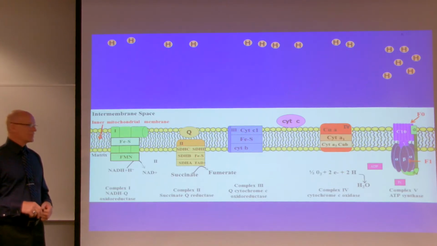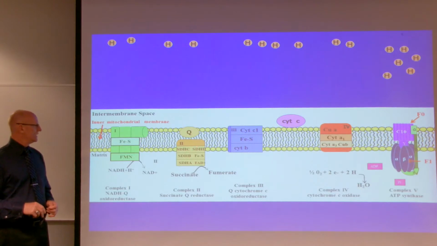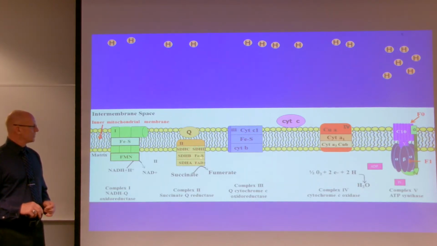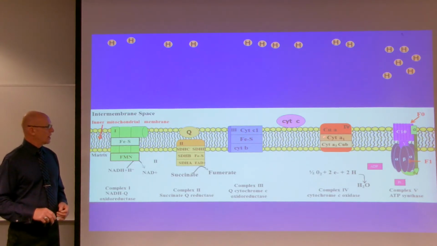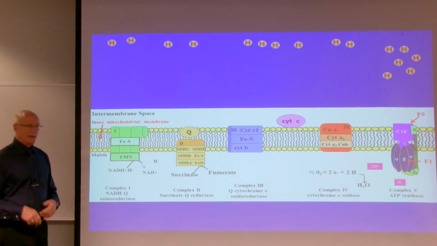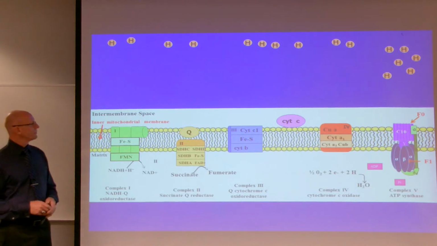This complex 2 has 4 subunits, succinate dehydrogenase A, B, C, and D. So the electrons will then be passed through here to ubiquinone again. And then from ubiquinone, it will be passed, as it did with the reduced form of nicotinamide adenine dinucleotide, from ubiquinone to complex 3 to the cytochrome C to the complex 4, and then to promote another molecule of water.